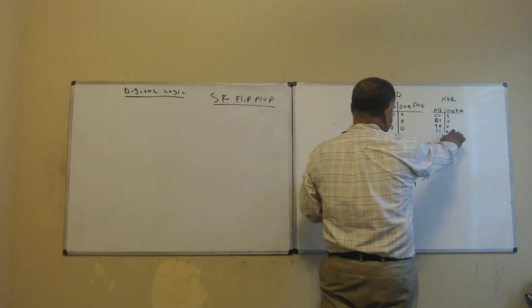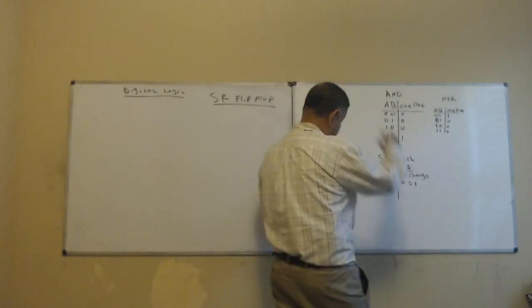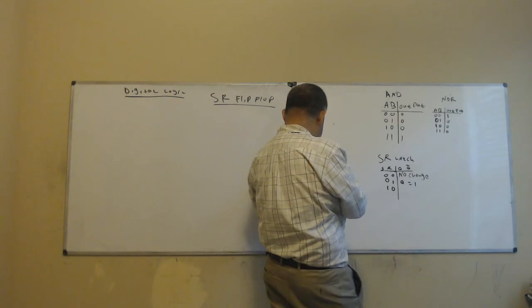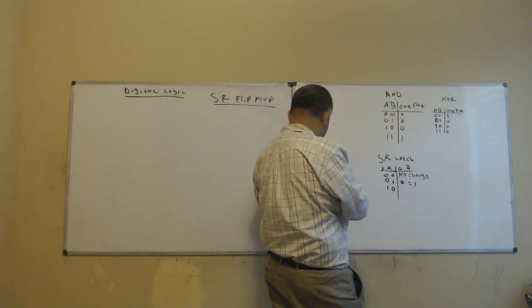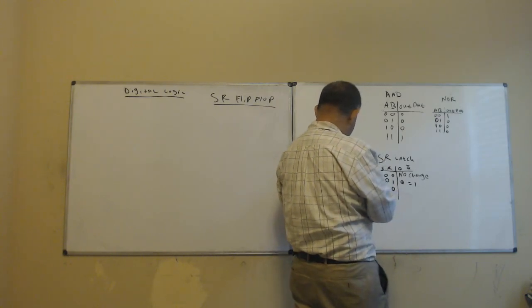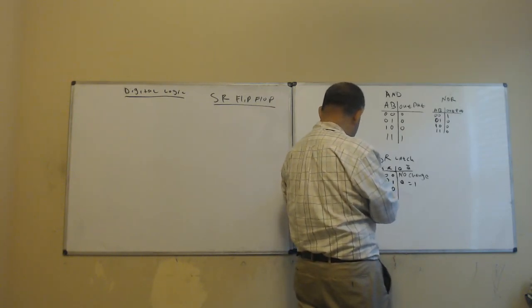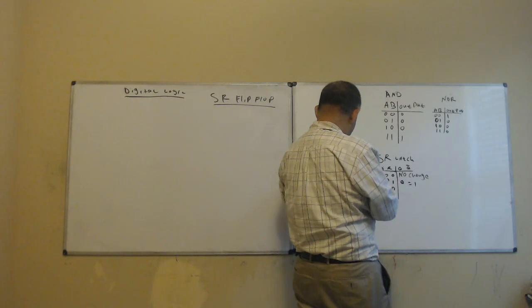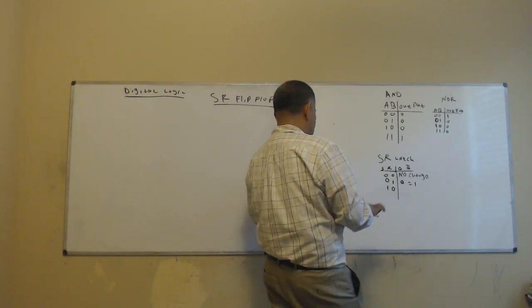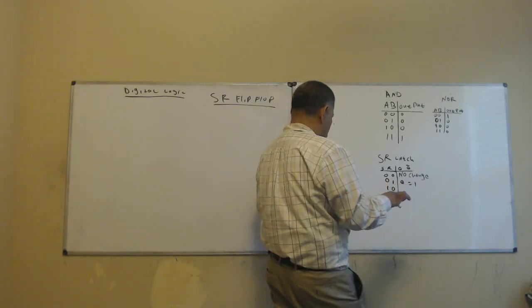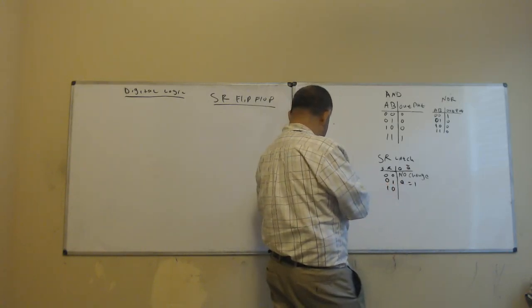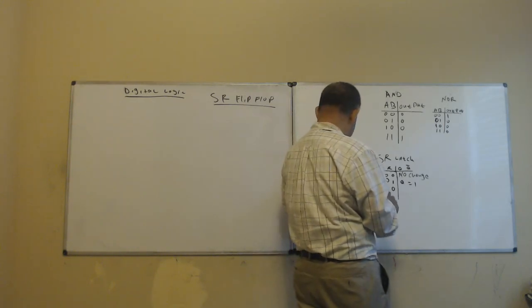It looks similar to this one. In this case, we reset Q equal to 0. When we reset Q equal to 0, Q not is going to be equal to 1.